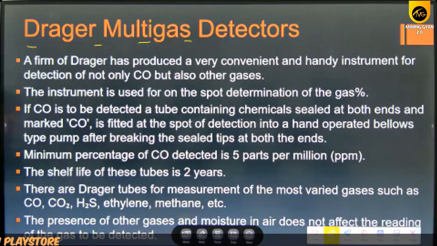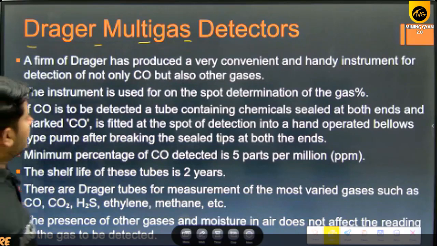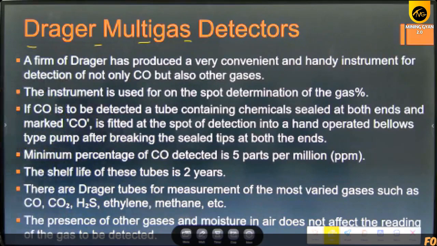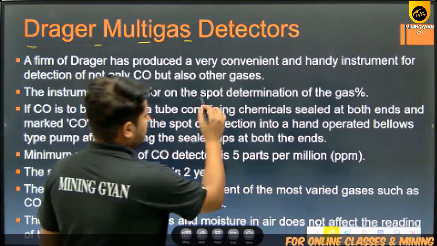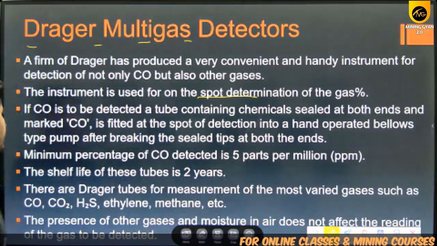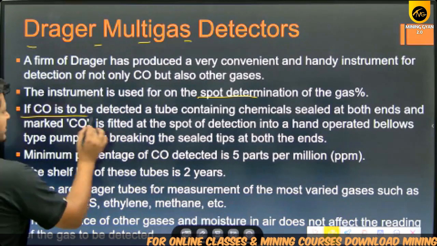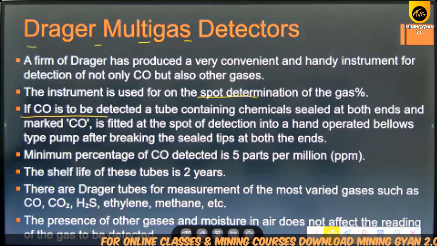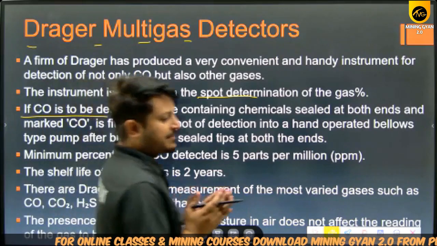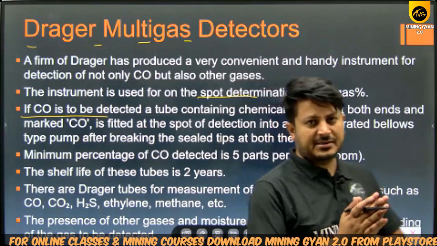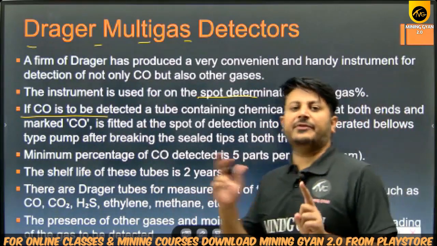basically it is produced by a firm, Drager. The instrument is used at the spot for the determination of the percentage of different gases. The Drager company provides different tubes for different gases.